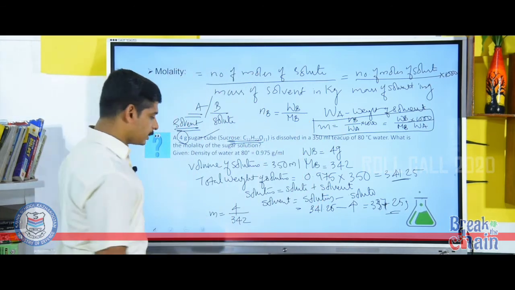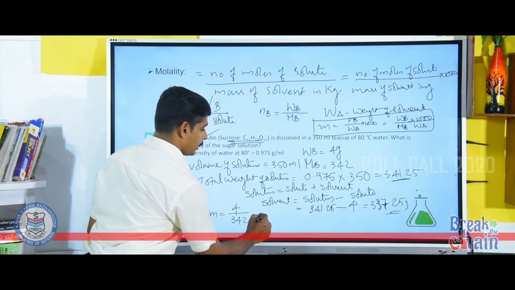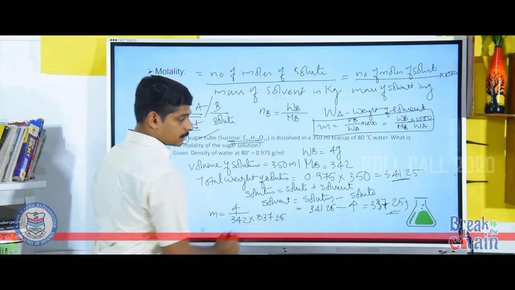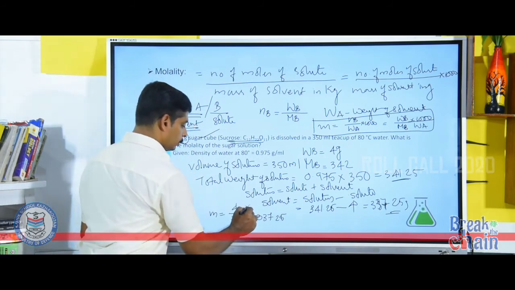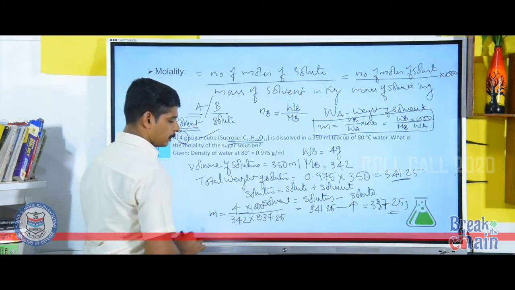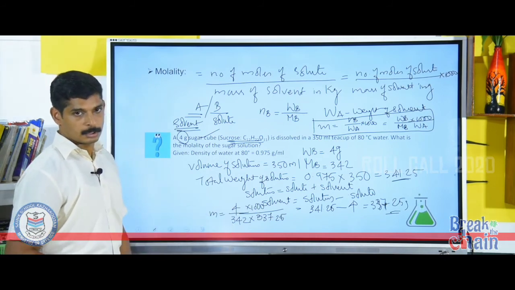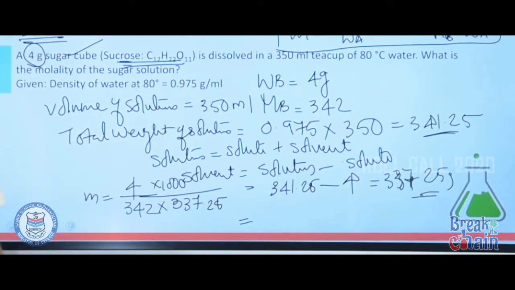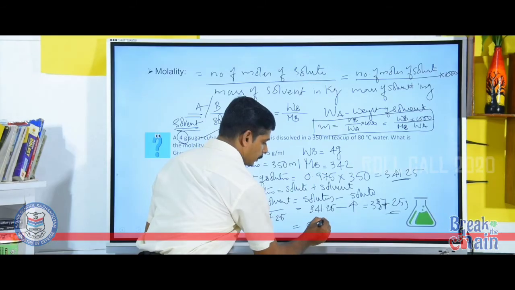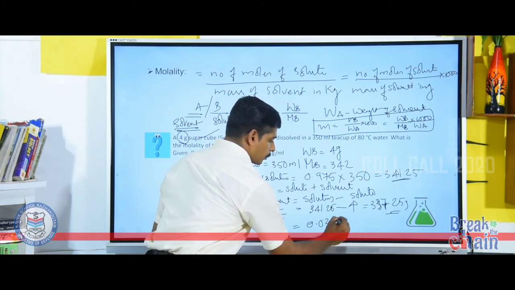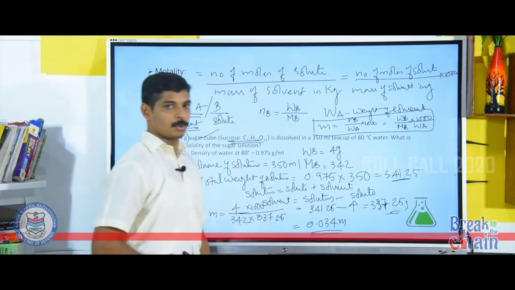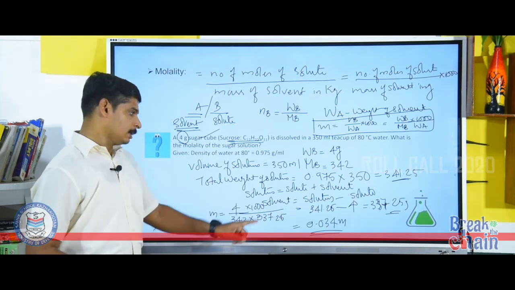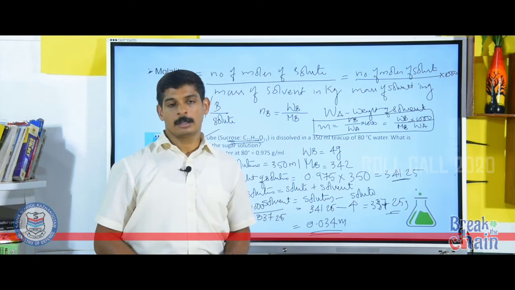The mass of solvent is 337.25 gram; since it is in grams, you have to multiply by 1000. Got it? The final answer after solving is 0.034. So what you prepared by dissolving 4 gram in 350 ml is a 0.034 molal solution.